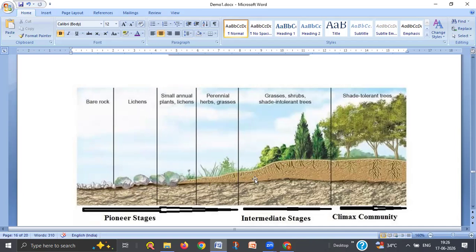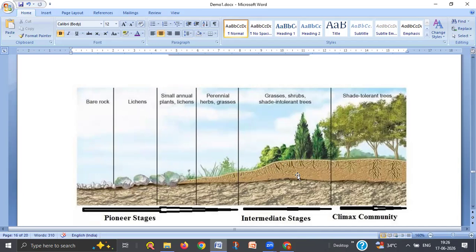What is the difference here? The soil is enriched by the growth of the plants. The soil is enriched due to the plants. After the death of the plants, those plants are degraded, decomposed.